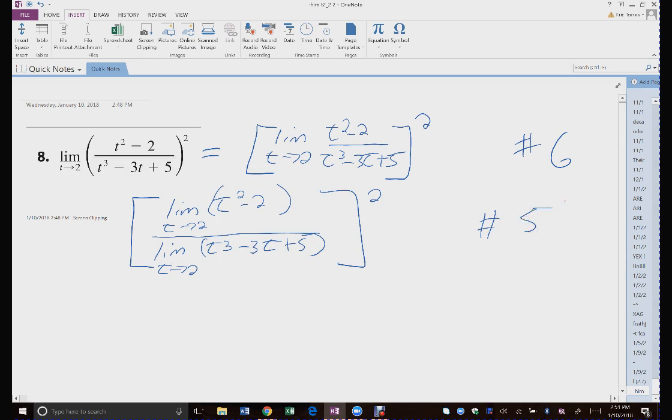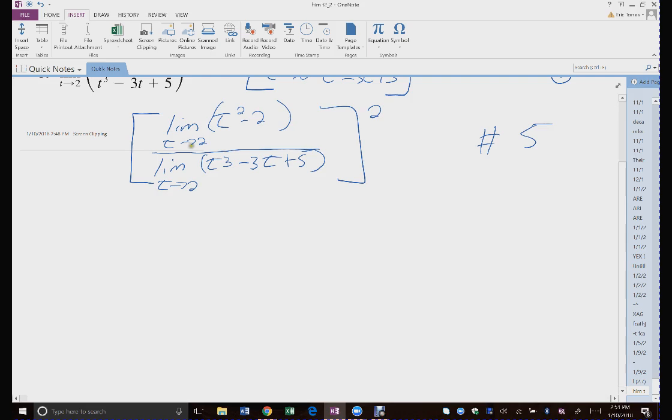Now, in the numerator, I have subtraction between t squared and 2, which means I can write this as 2 separate limits. Here I have subtraction and addition between these 3 pieces. I can write this as 3 separate limits, and all of that is justified by limit law number 1 and limit law number 2.